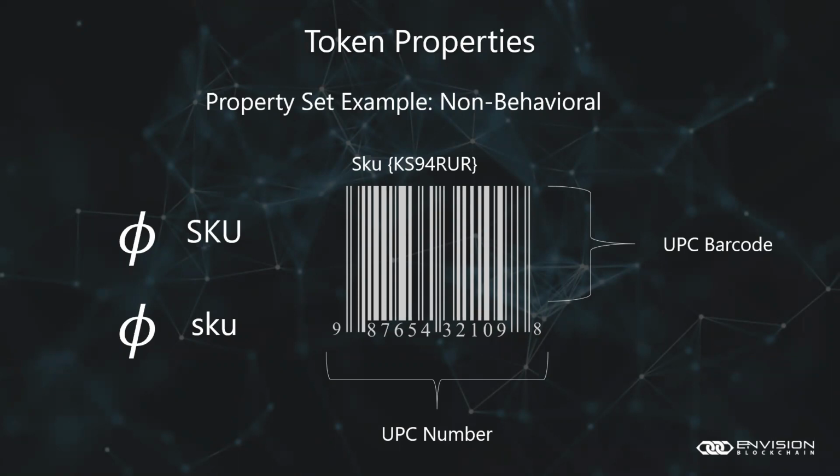Just like these token templates are creating standards, GS1, or the global standards for barcodes, also exist. And this is an example of a non-behavioral property set.